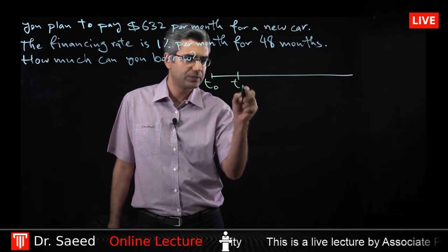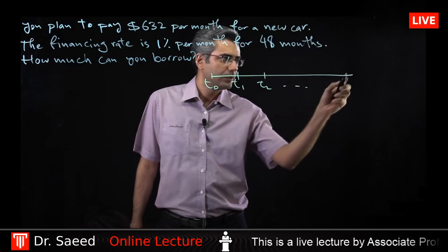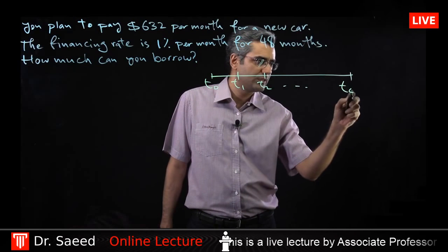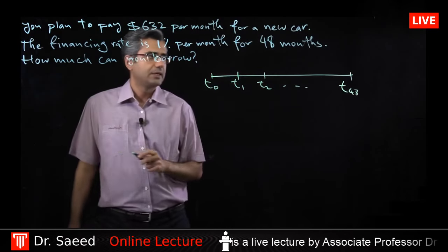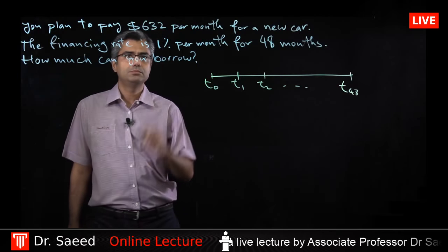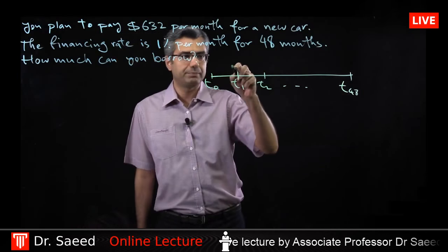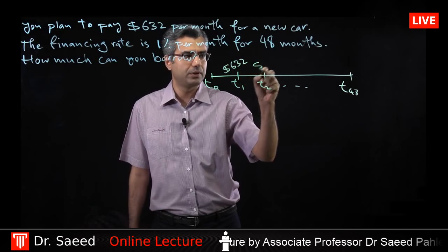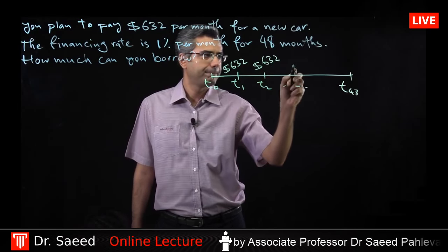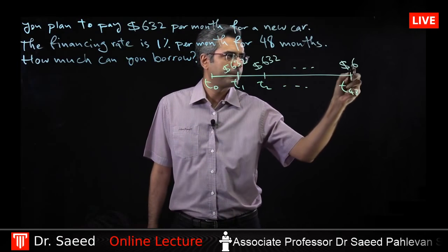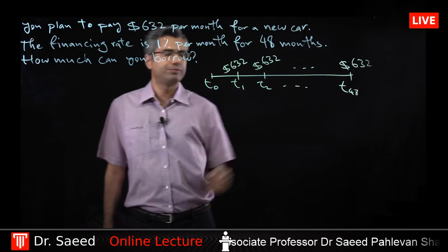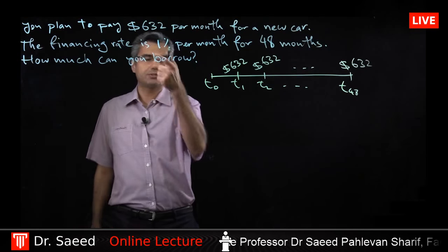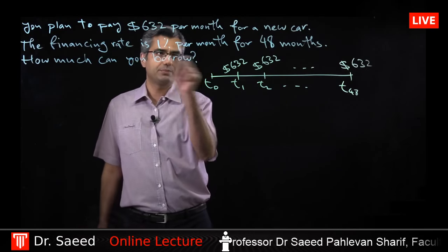T0 means now, T1, T2. This is for 48 months. So T48. And you can pay $632 per month, the same amount for 48 months. And the financing rate or interest rate is 1% per month.